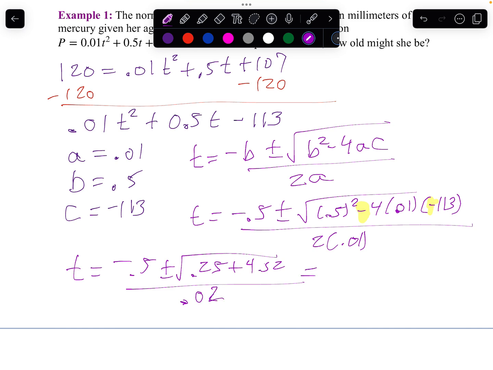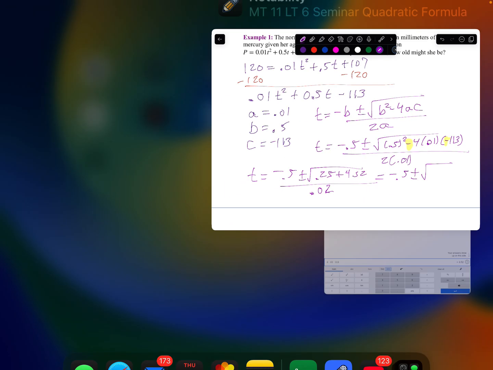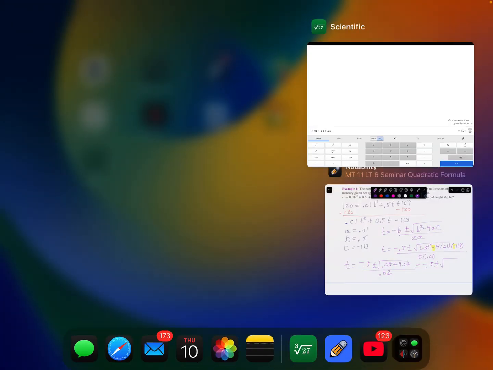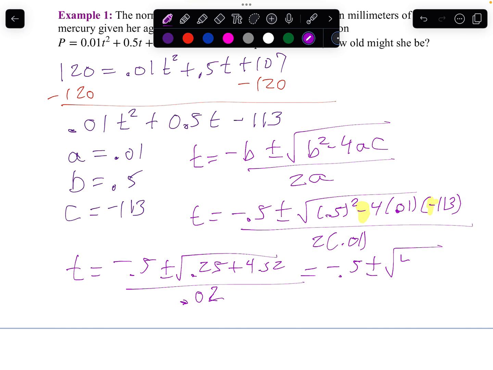So I get negative 0.5 plus or minus the square root. If I take 4.52 plus 0.25, I get 4.77, all over 0.02. Now I get two answers.